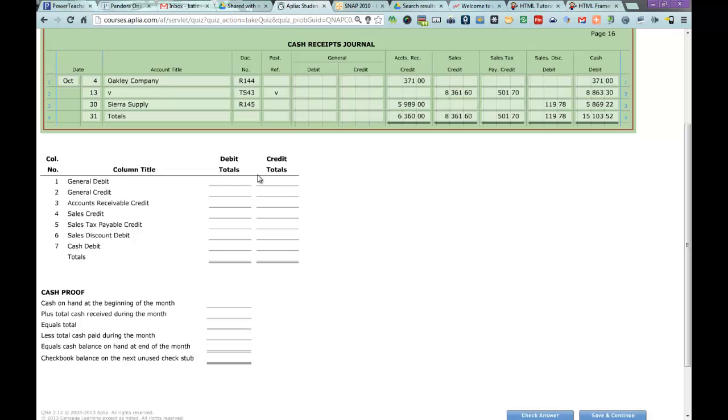After you have them totaled up, you need to go through down here on the bottom and put in your amount for your information.